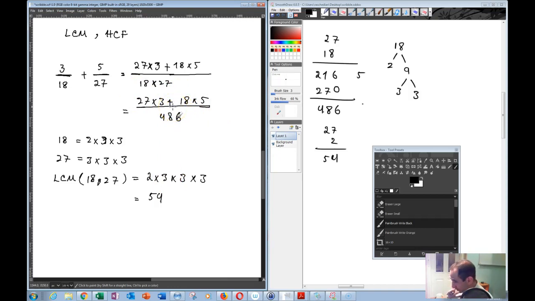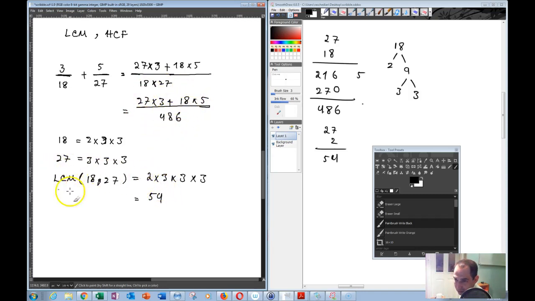It's not easy to work with a fraction with a denominator 486 and some numerator, for example, 286, 250 or something like that. So you always want to simplify.